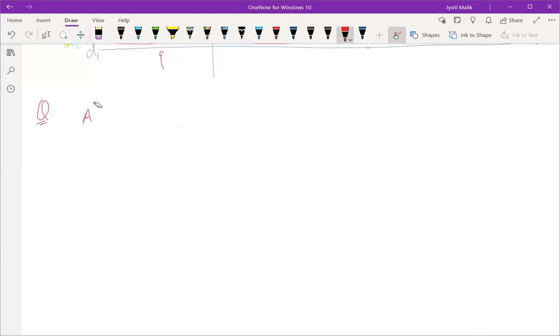First, let me take a question based on sampling. Consider the signal x(t) equal to 10 cos 6πt.